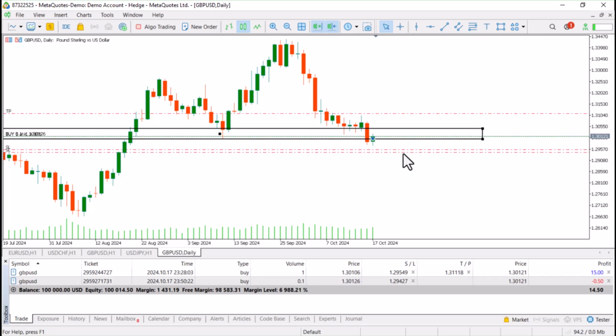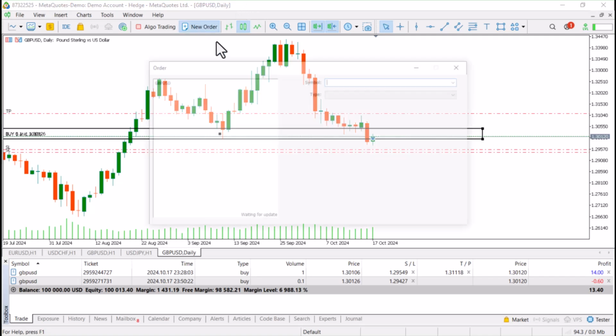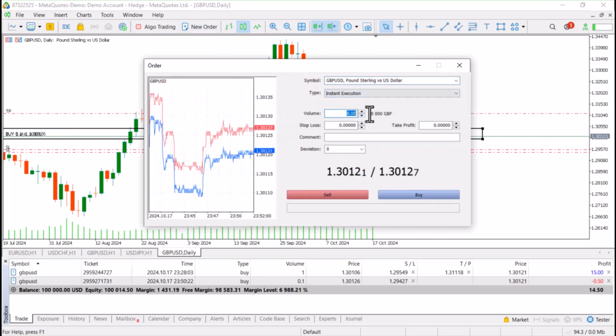Now let's initiate another position of macro account. Macro account will be what? 0.01. Let's put our stop loss at 29.5.